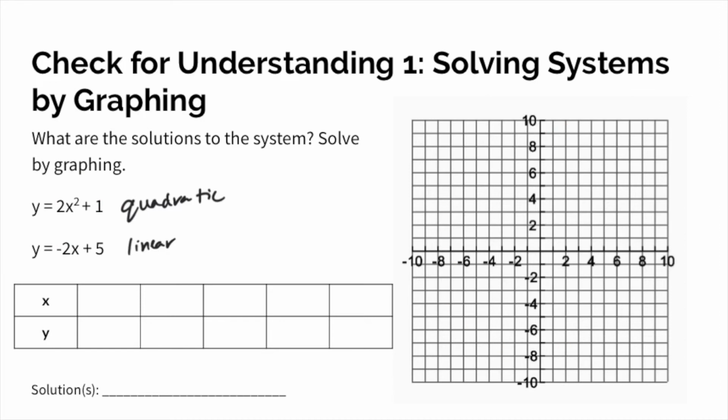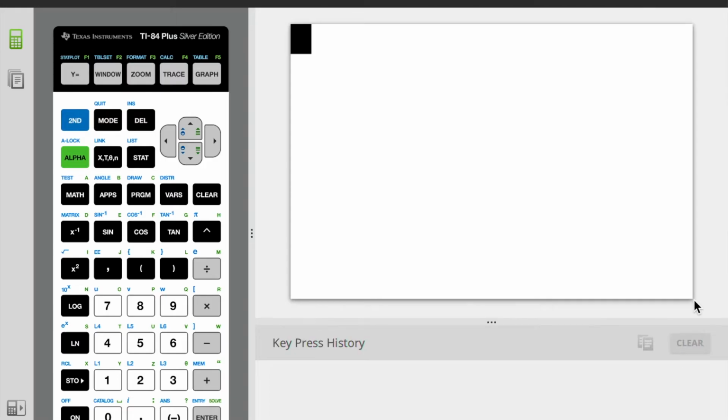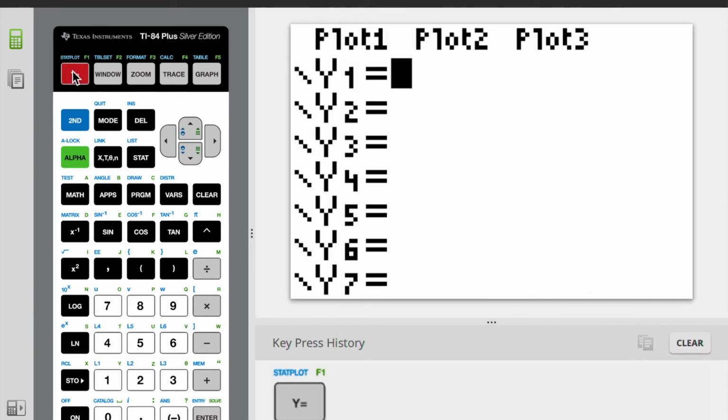So I'm going to take a minute to just switch over to calculator view. We ended up needing to graph this quadratic equation, y equals 2x squared plus 1. So it's going to be the same process as last time when we were doing our example together. So we need to actually type in this function, so we press y equals.